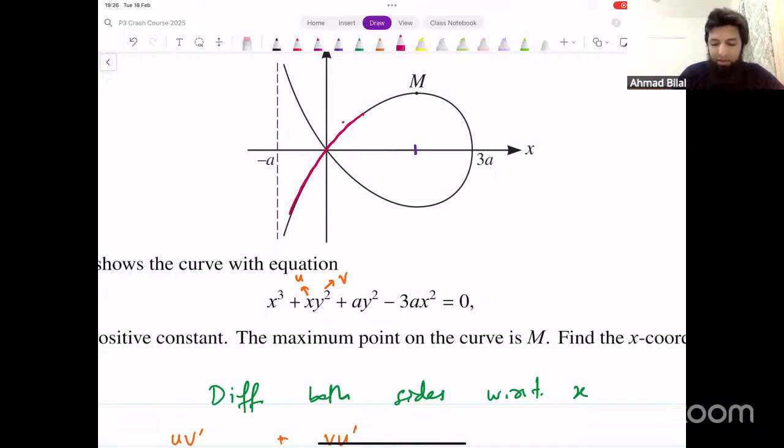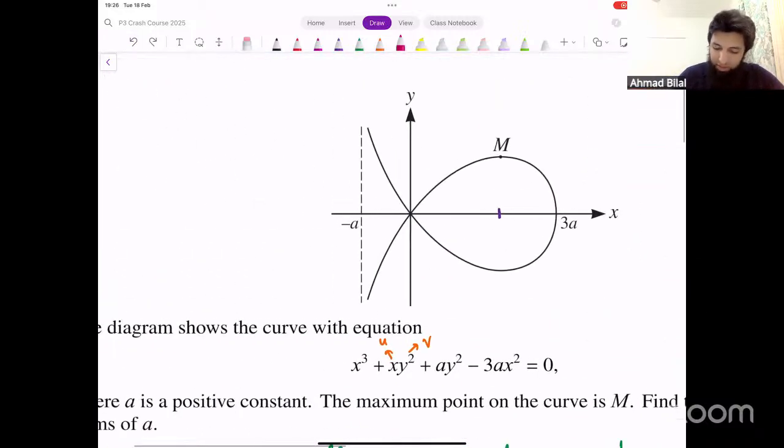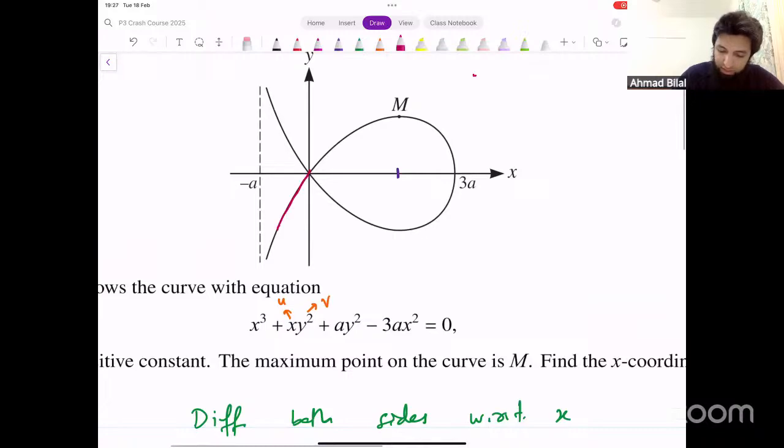It'll have some negative gradient. And you have the other curve going like this. Okay, I'm sorry, the other way around. This part has positive gradient. It's going in this direction. And the other part here, it has negative gradient.